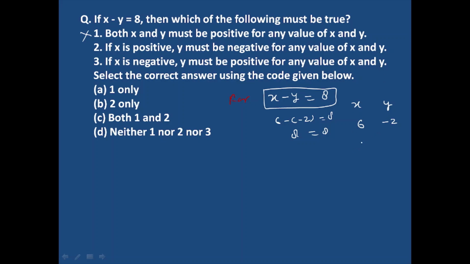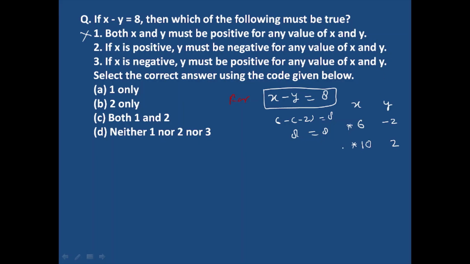For the second statement, we can consider the value of x as 10 and the value of y as 2. So we considered that both values of x and y are positive.